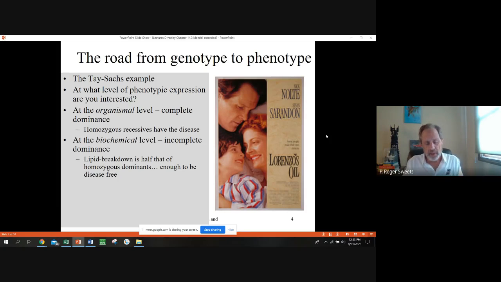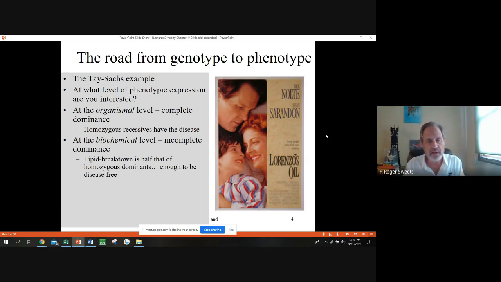So if you are homozygous dominant, you produce plenty of this enzyme that breaks down the lipids, and you are disease-free. If you are homozygous recessive, you produce none of it. Over a few years, usually it afflicts younger people, these lipids build up and cause these difficulties.